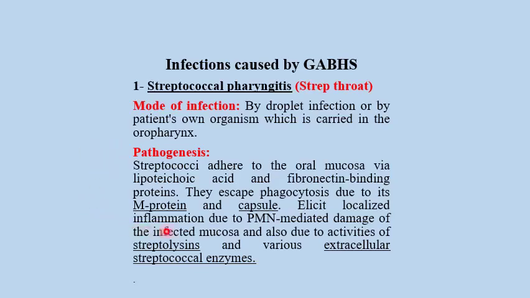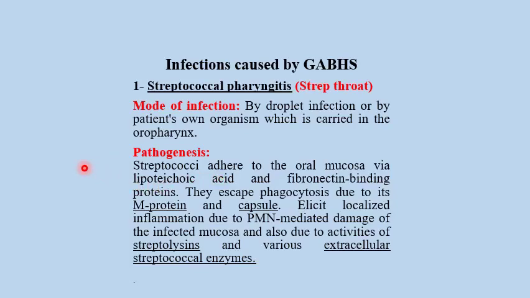The pathogenesis can be a summary of everything we have said. Streptococci adhere to the oral mucosa via the lipoteichoic acid and the fibronectin-binding proteins. They escape phagocytosis due to the M protein and the capsule.